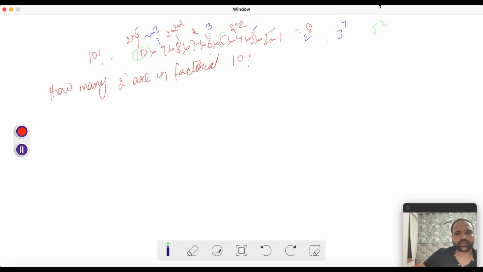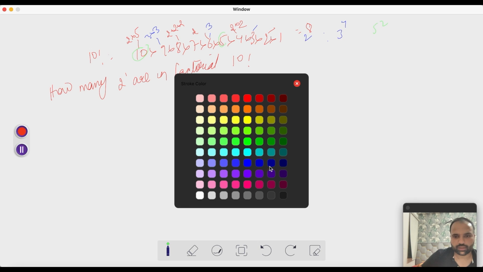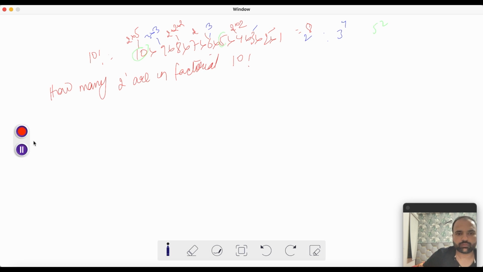Okay, now let's take a different number. I'll come to the conclusion, but let's make it more accessible. Let's take a bigger number, say 20 factorial. This is very big, but we'll try.